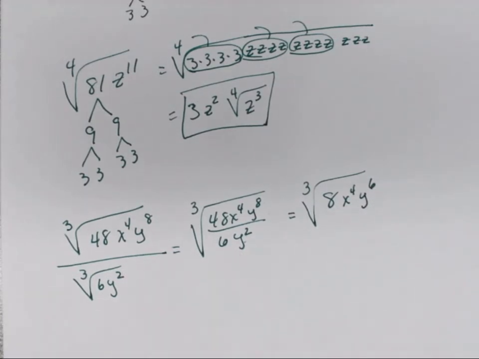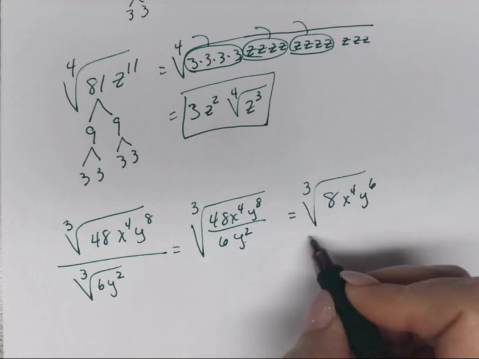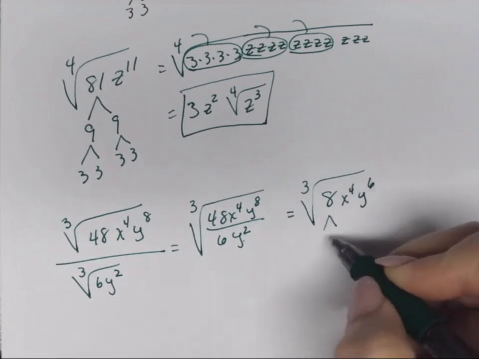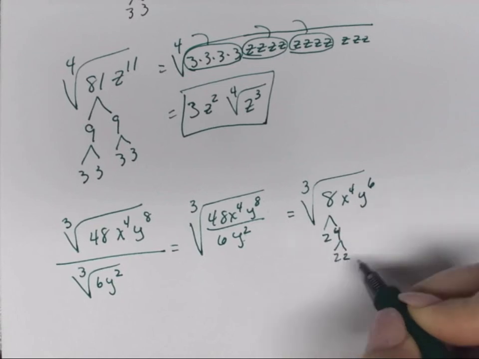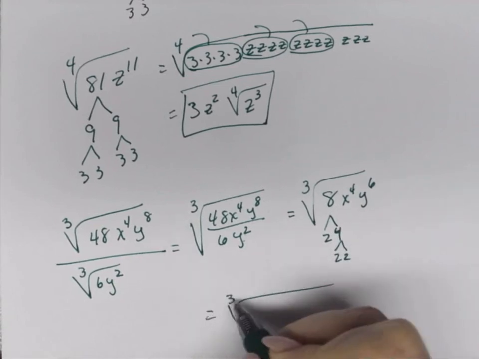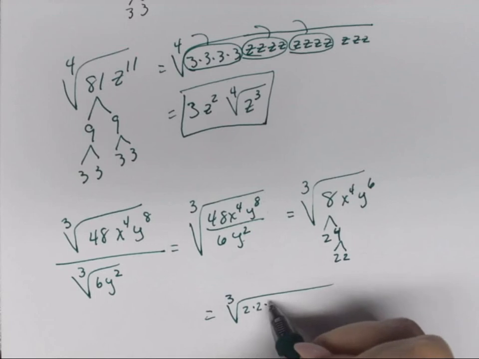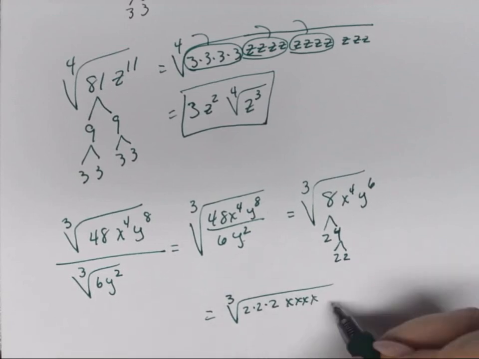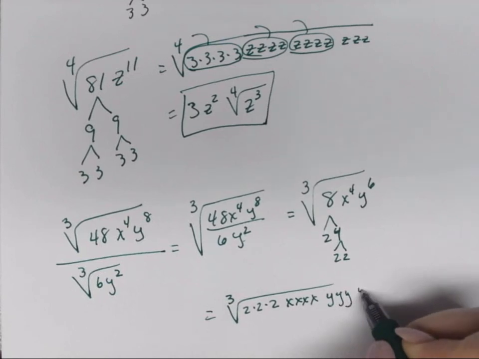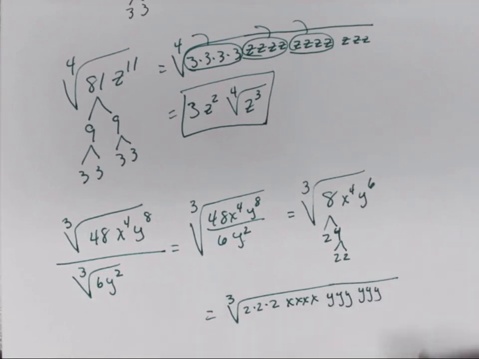Now with that, we can break this down. So 8 would be 2 times 4, and then 2 times 2. So that would get us the cubed root of 2 times 2 times 2. We have 4 x's, and we have 6 y's.